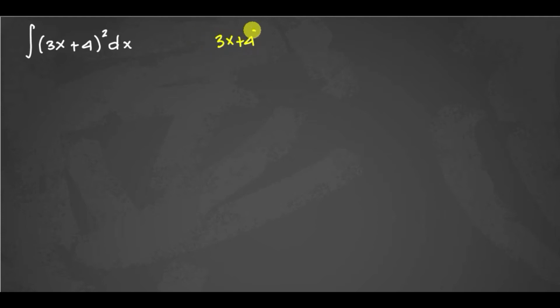That will become 3x plus 4 multiplied by 3x plus 4. Taking the first term, we have 9x squared. Taking the outer term, we have 12x.